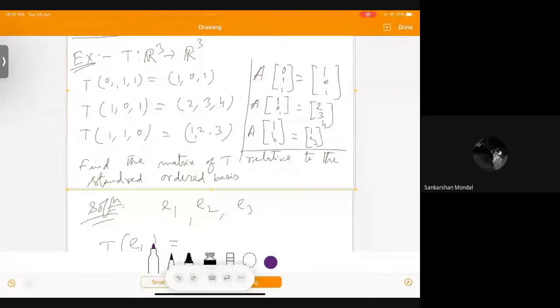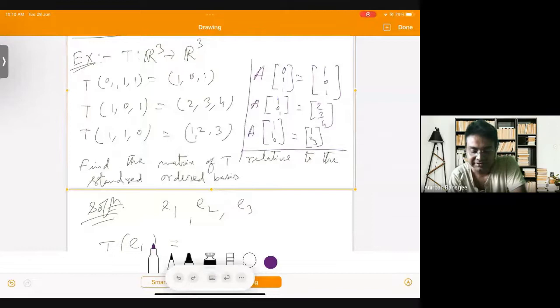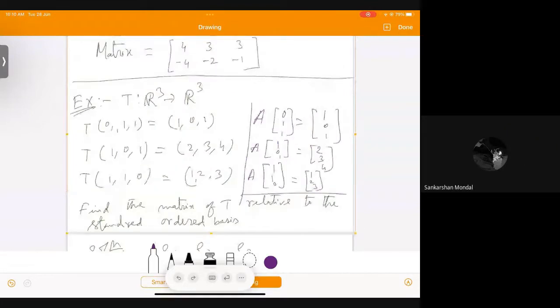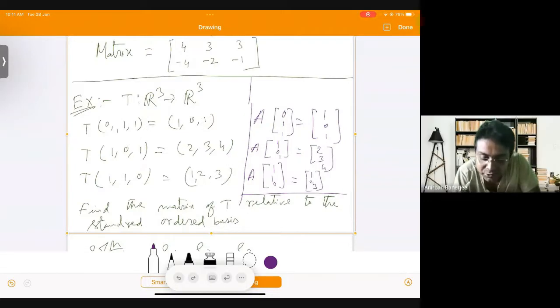I was saying if we combine these three vectors to form the 3 cross 3 matrix, then... How to combine these three vectors as a 3 cross 3 matrix? The first one we can take as column 1, second one column 2, and third one column 3. Okay, an easier question, now probably I can get it.